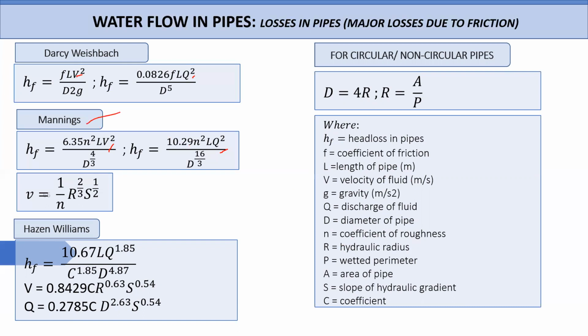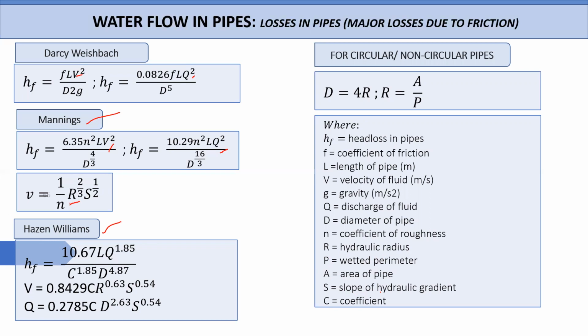N is the coefficient of roughness, which we use in Manning's. R is the hydraulic radius, which we use in Manning's and also in Hazen-Williams. R is the hydraulic radius again. P is the wetted perimeter. A is the area of the pipe.